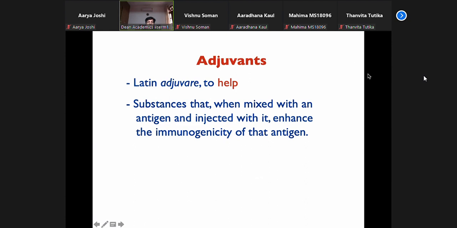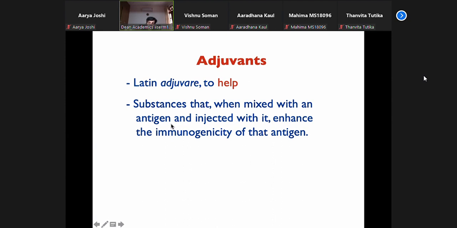Adjuvant, again coming from the Latin word adjuvare, meaning to help. Substances that, when mixed with an antigen and injected with it, enhance the immunogenicity of the antigen are called adjuvants. The key word is mixed with the antigen.